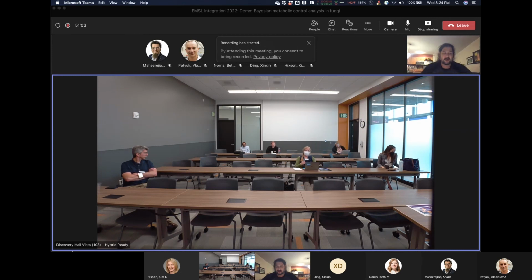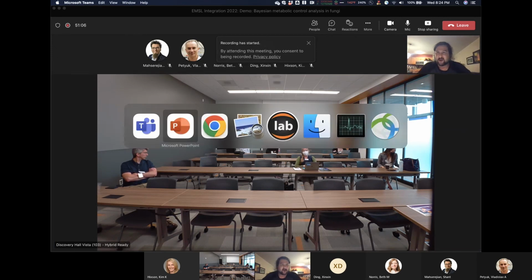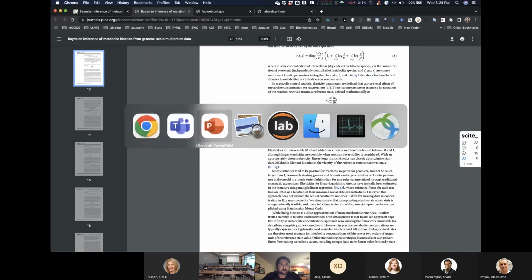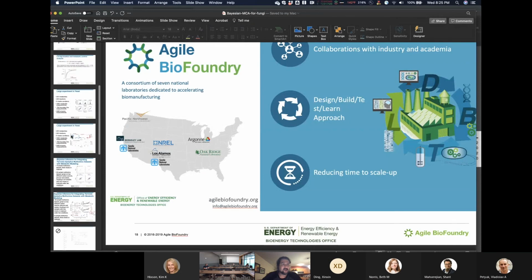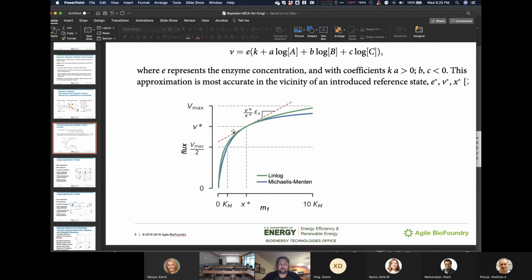Yeah, I think it goes back to this figure here. You're trying to calculate a slope, right? If I only have data at the actual V star, then I don't know. I need all that other data to parameterize this slope, so that the lin-log curve matches the data.